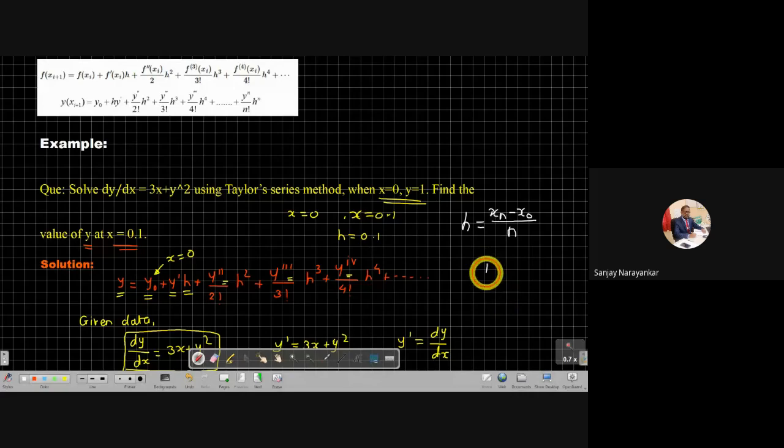So generally n is equal to 1. If n is equal to 1, so h becomes xn minus x0. So xn is nothing but the value where we have to find. That becomes xn and this is x0. Right? So if I'm applying the same, h is equal to xn minus x0. So what is xn? 0.1 minus 0 is equal to like this.